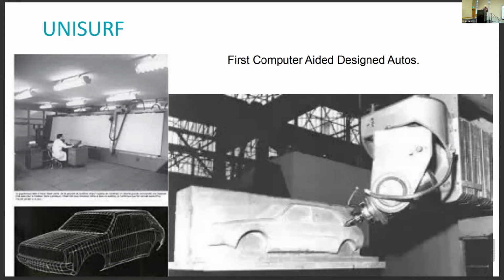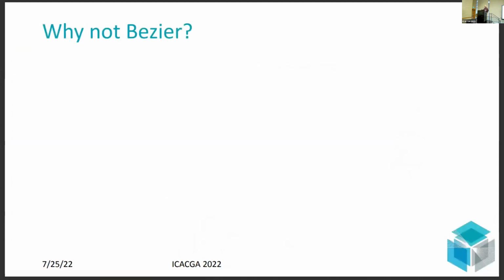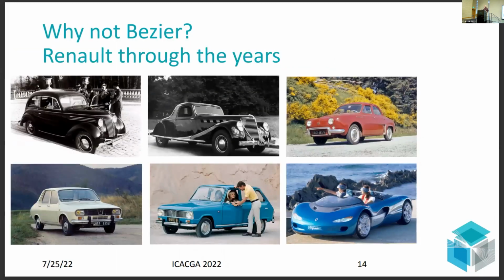The Bezier surface, the Bezier curve are wonderful all the way around, right? So why not Bezier? We don't use it today in car design. We don't use it in very much, actually. We use it operationally. We love to operate De Casteljau. Why not? Well, okay, here are some pictures of Renaults through the years. I'll let you just look at those for a second.